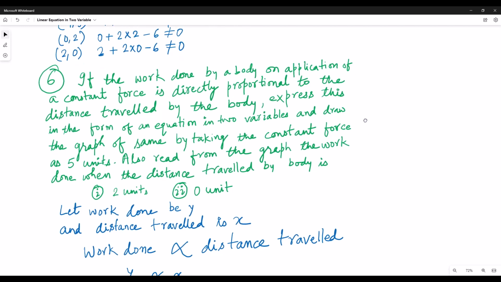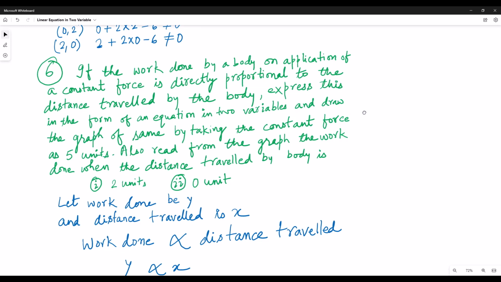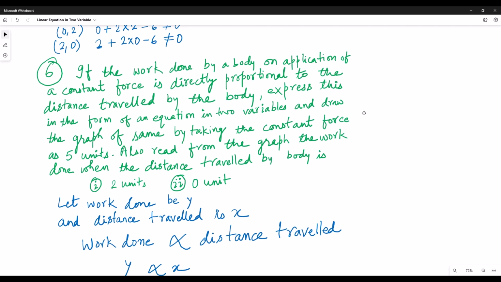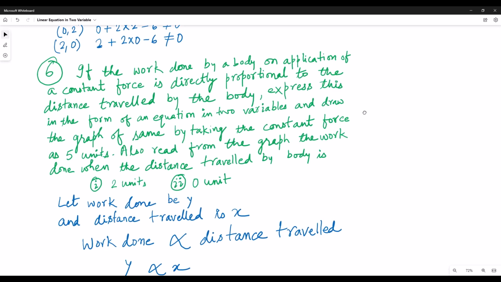You will learn in a better way in your physics classes how work is calculated. Let us talk some physics. If you apply a force on a body, then that body will have some acceleration.